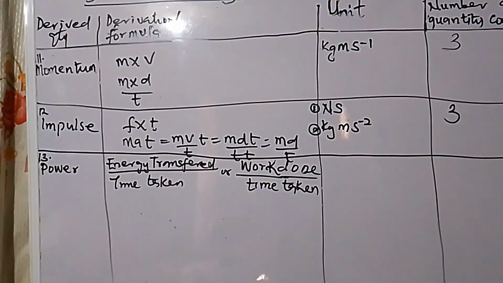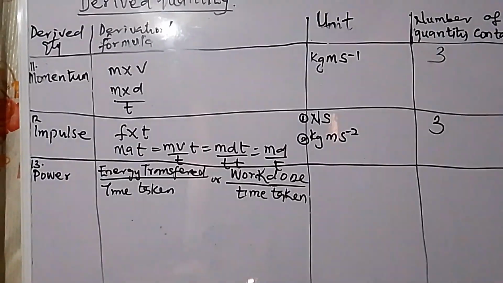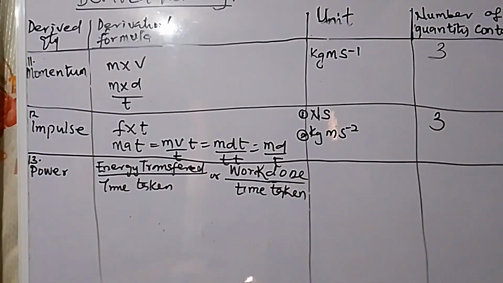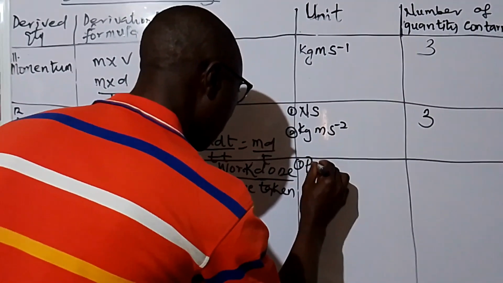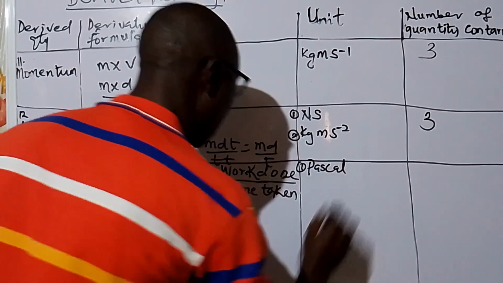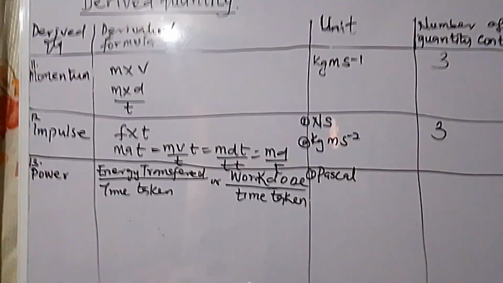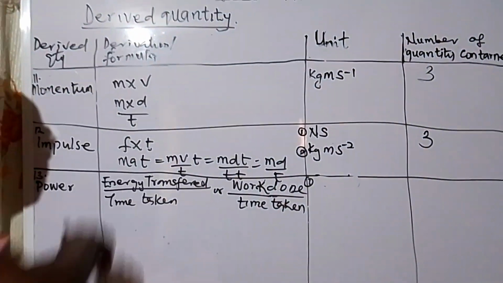Now, if it is work done over time taken or energy over time taken, then the first unit we can have for power is Pascal. Sorry, Pascal is for pressure, as I said the other time.